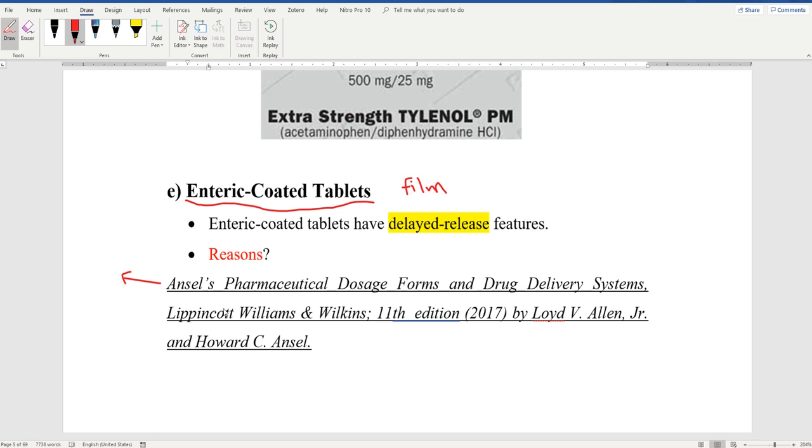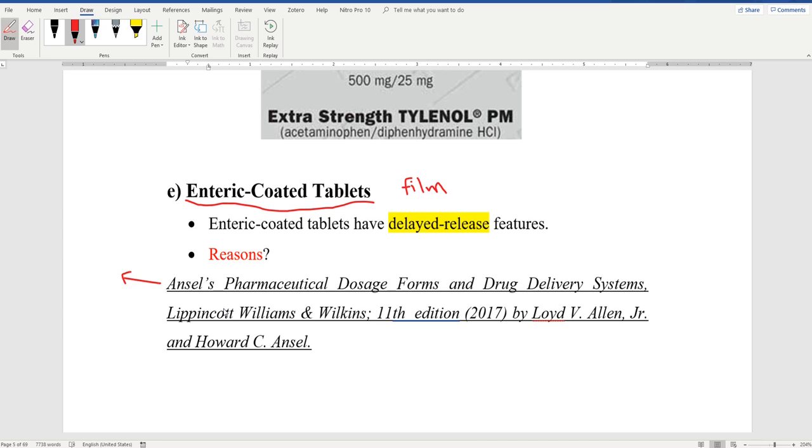Number two, the pH of the stomach is degrading the drug. Meaning the pH condition of the stomach will destroy or degrade the drug. So I want to protect the drug in the stomach. So I need enteric coating.